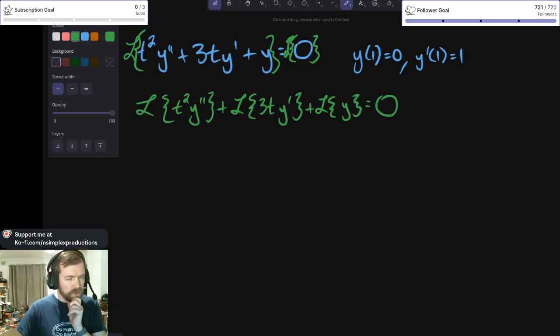Okay, so the issue with the one that we're trying to do at the moment, we just want to make sure that we're using the appropriate table, or the appropriate entry on the table. It may be slightly easier if we did this. It's fine. Okay, so what we've got is a function times another function.